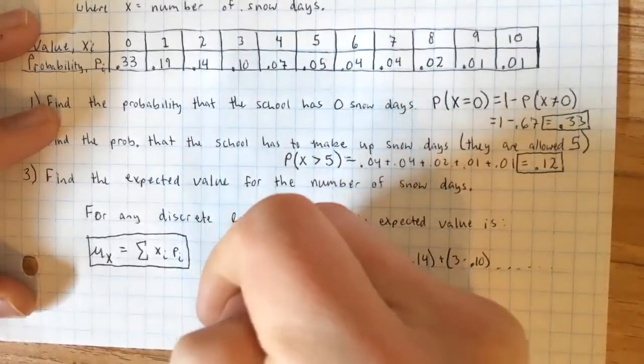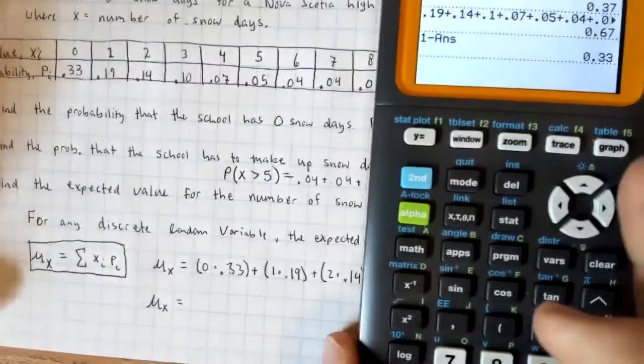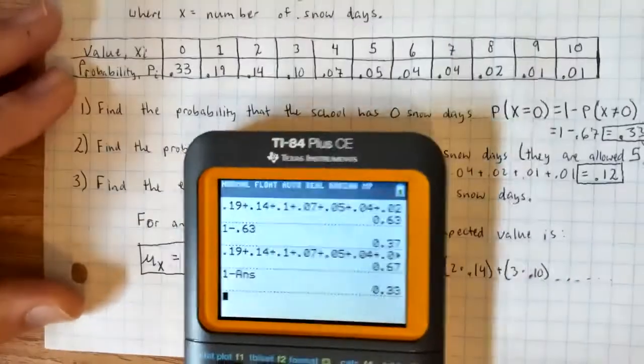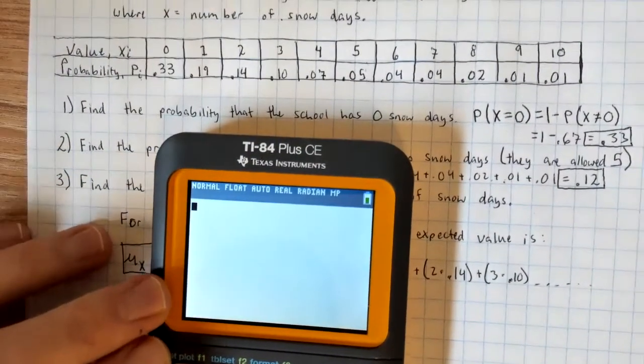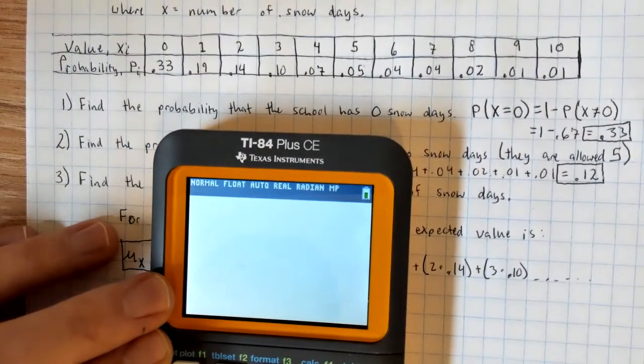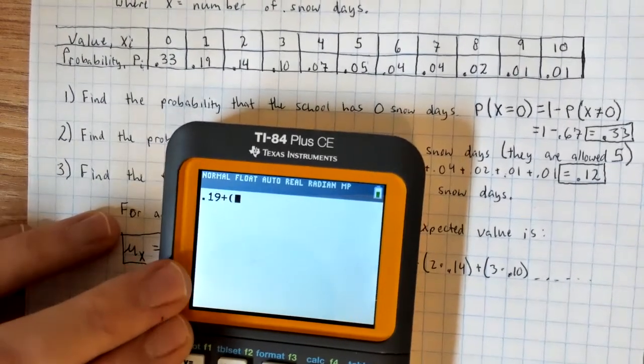So I'll just type that all into my calculator to get it all in one go. I'm not going to do 0 times 0.33 because we know that's 0. And 1 times 0.19 is just going to be 0.19. Do all the rest though.